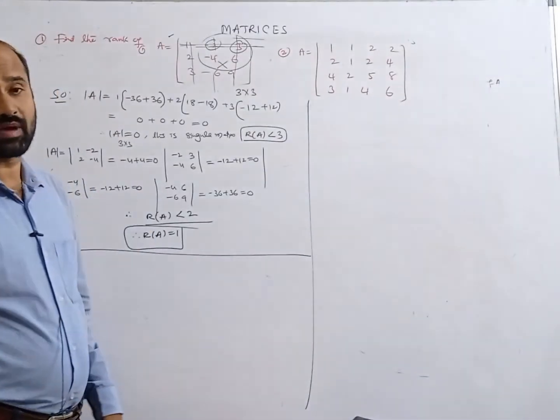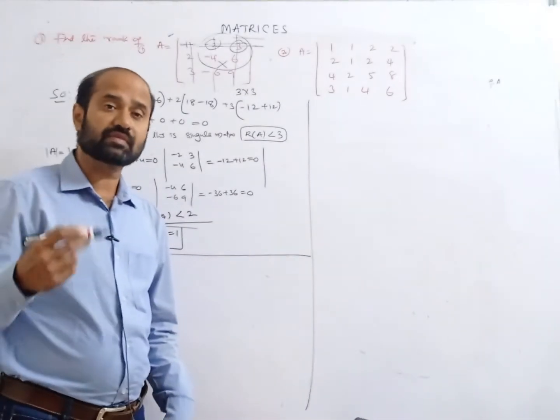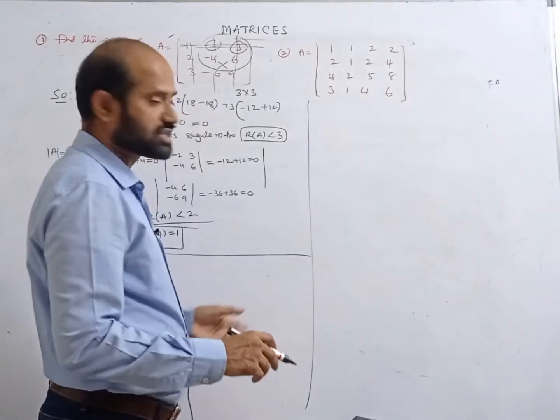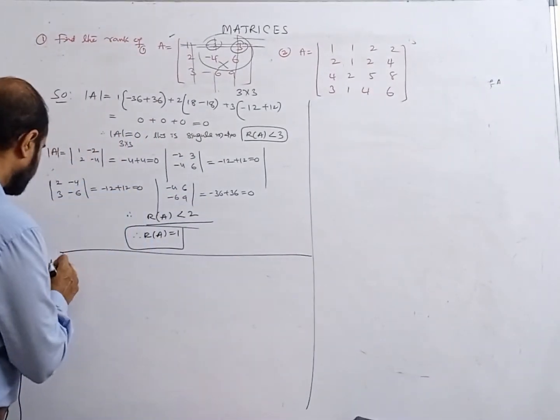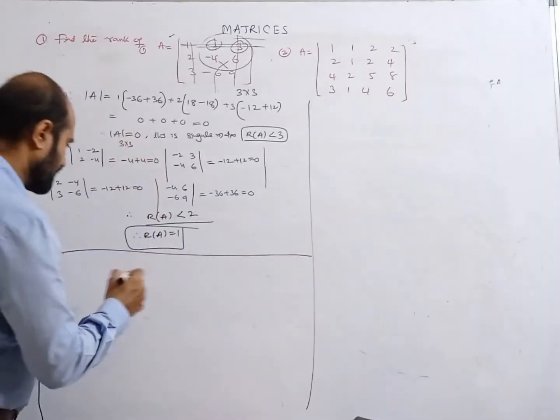If it is a 3 by 4 matrix or 4 by 4 matrix, 5 by 5 matrix, then we cannot use this method, right? Then we can use echelon form and normal form.